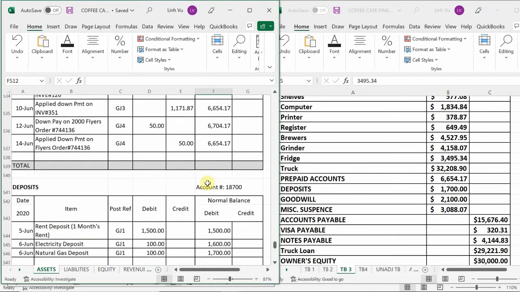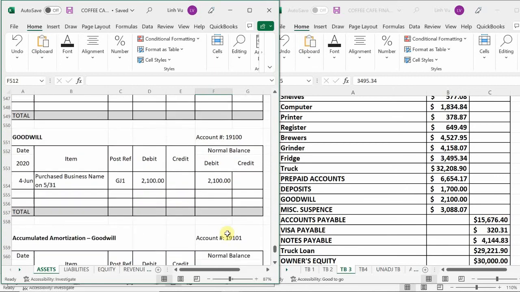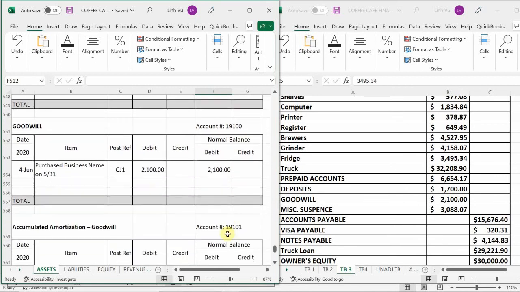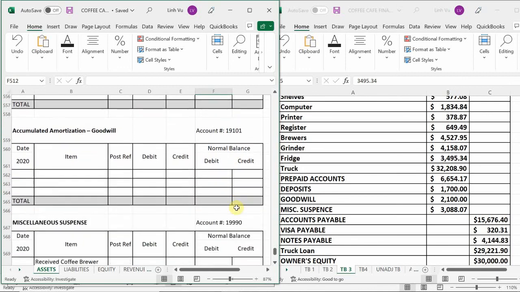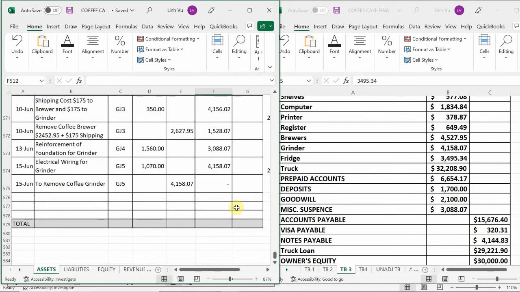So that's still the same. My deposits, 1,700. My goodwill, still the same, 2,100. And then what about my miscellaneous suspense?